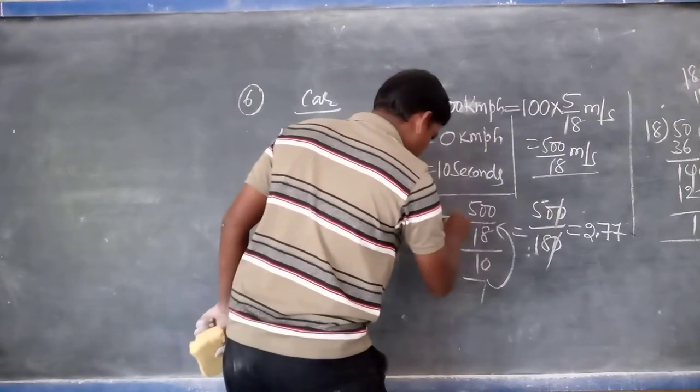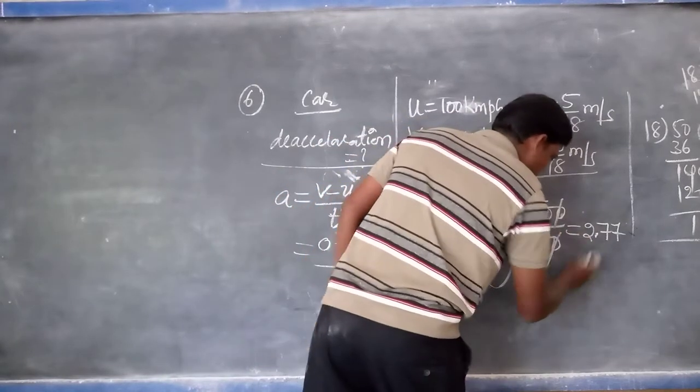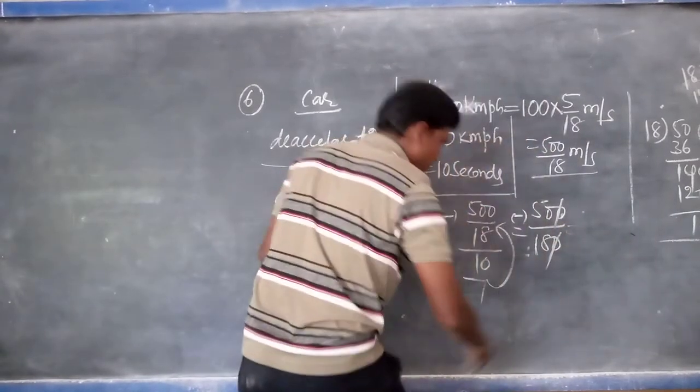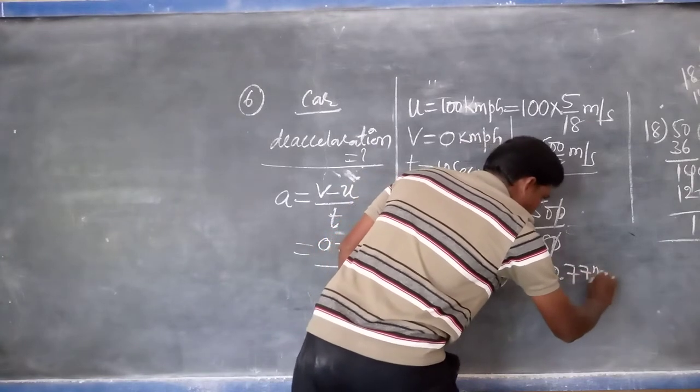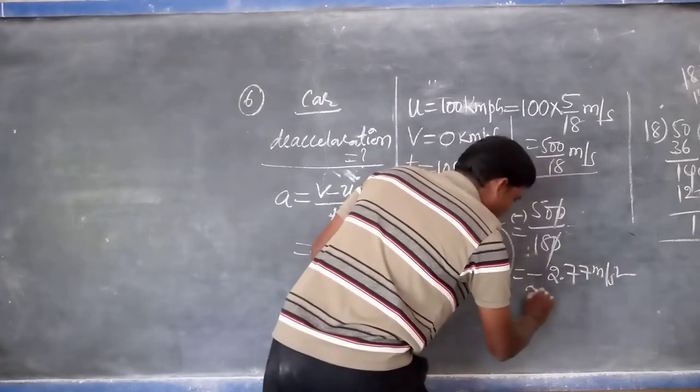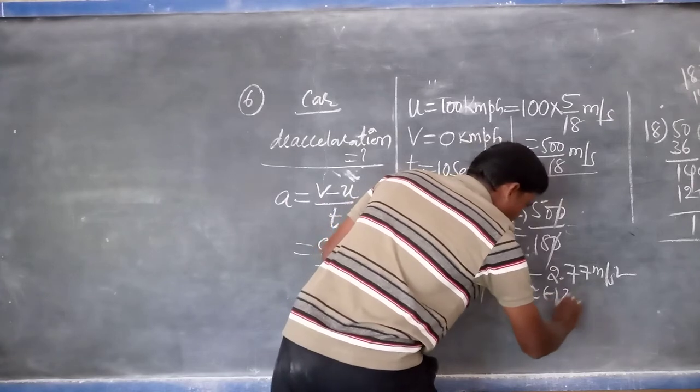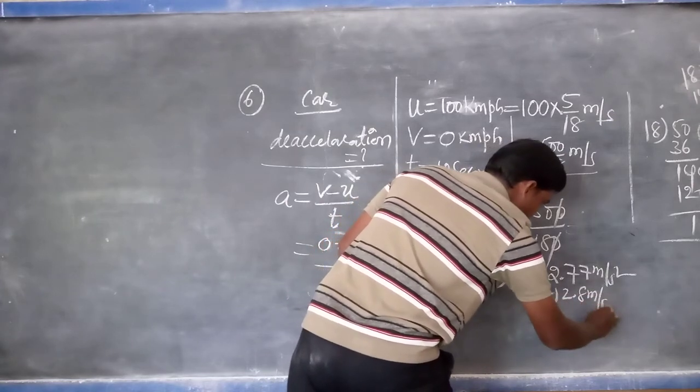Is there a minus? Sorry, minus. So a is equal to minus 2.77 meters per second square, or equals minus 2.8 meters per second square.